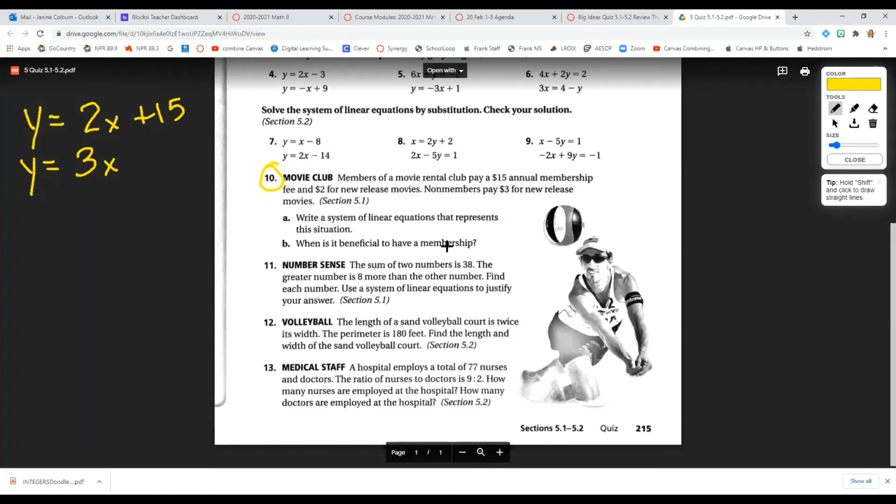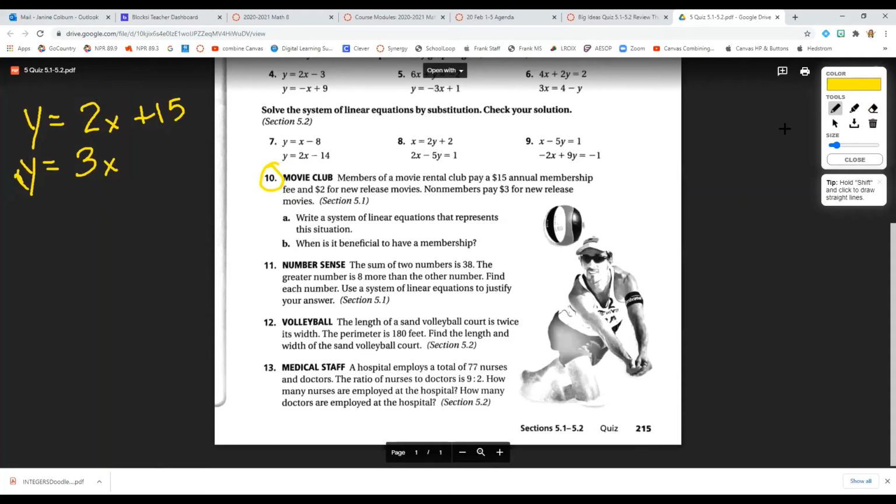At what number movie rental is it more expensive to pay $3 per movie, or cheaper to pay the $15 and $2 per movie? You can look back at lesson 5.1 on how to solve this. We've set it up, but lesson 5.1 will explain how to solve it.